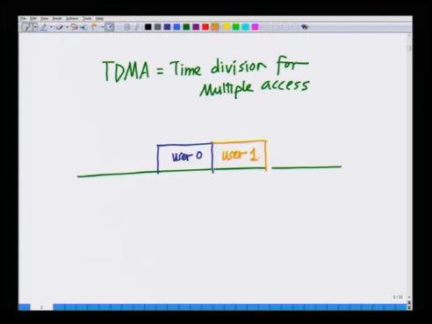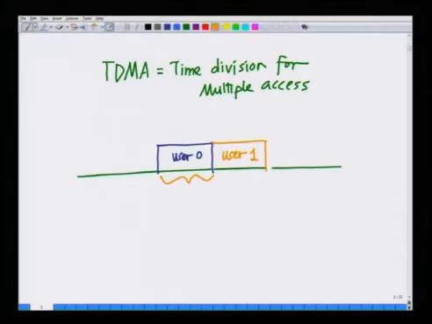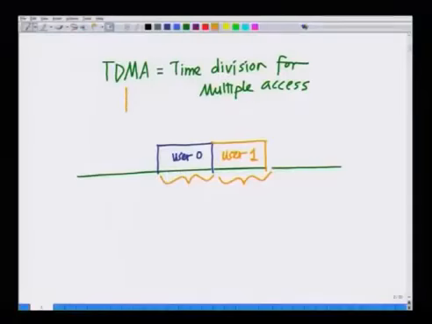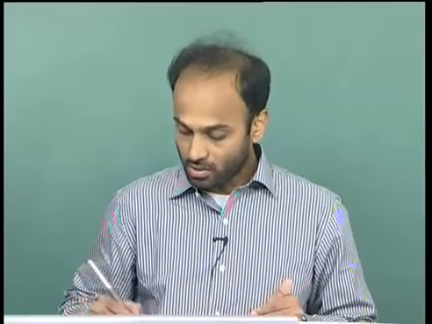Hence, I am transmitting to user 0 and user 1 at different times. This is the time for user 0, this is the time for user 1. Hence, I am dividing the signals of user 0 and user 1 in time, and this is known as time division multiple access. That is how I am transmitting independent information signals to different users.